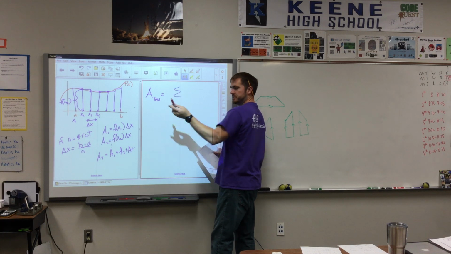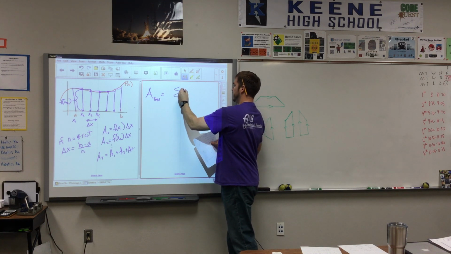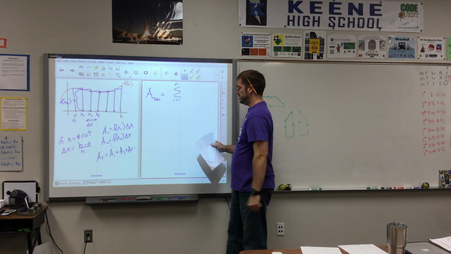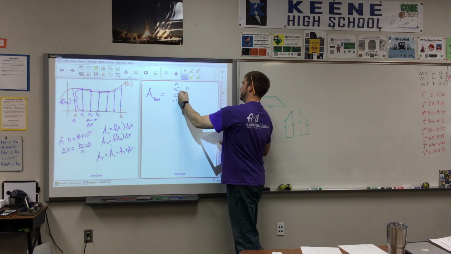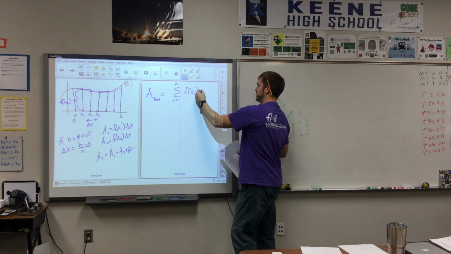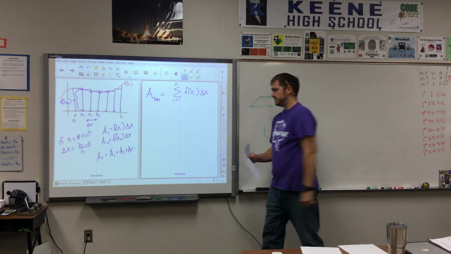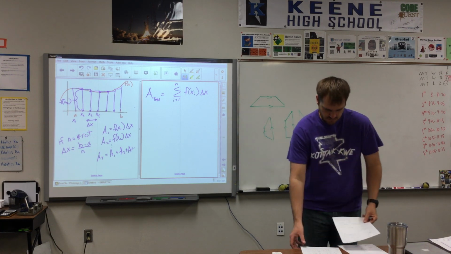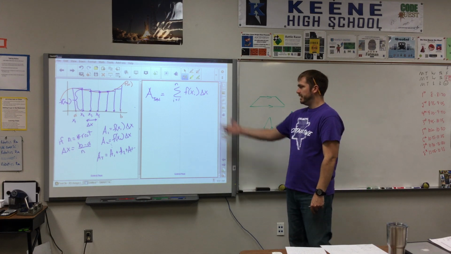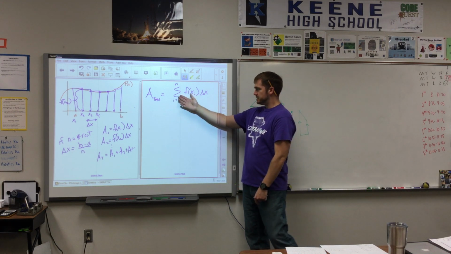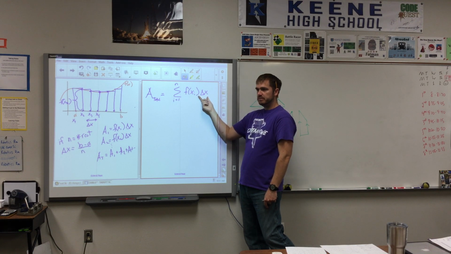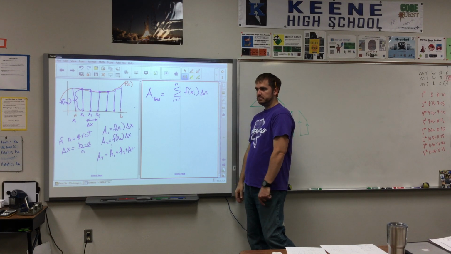Summation, which is the sigma, with i equals 1 to n of f of x sub i times delta x. That seems to make sense. It's the summation of all of the height times the width. You good on that, Rigel?